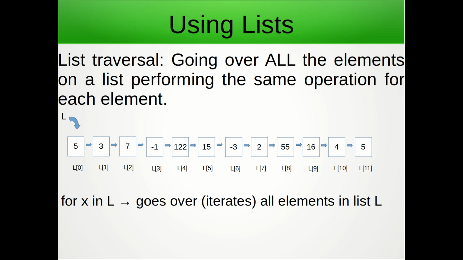Okay? So I have a list here, and I will go over all the elements, and I will do the same thing in each of them. One way of iterating them is to use this syntax, for example, for X in L. We'll be seeing others in a second.